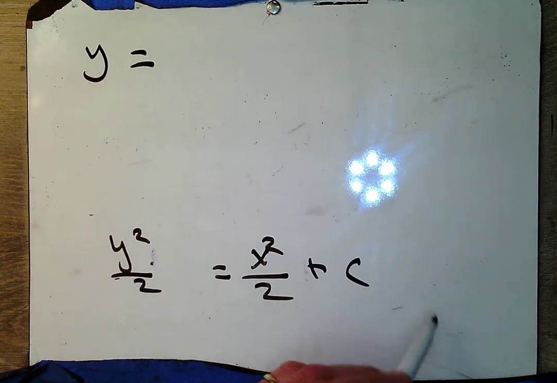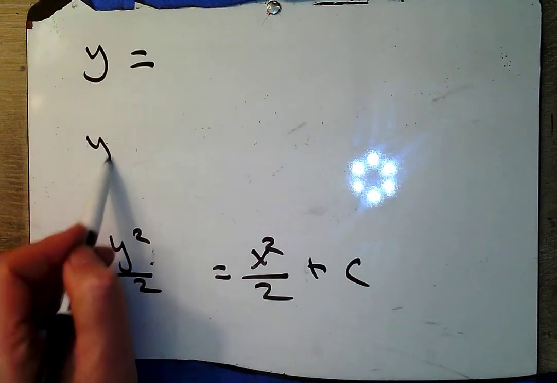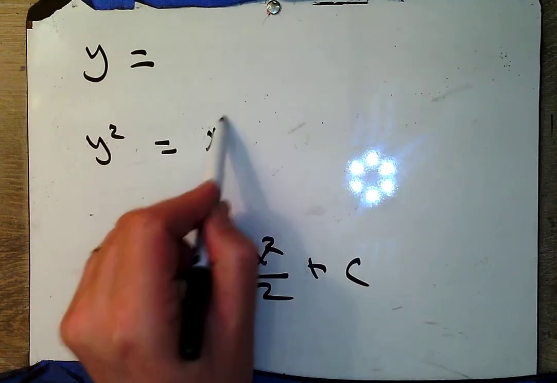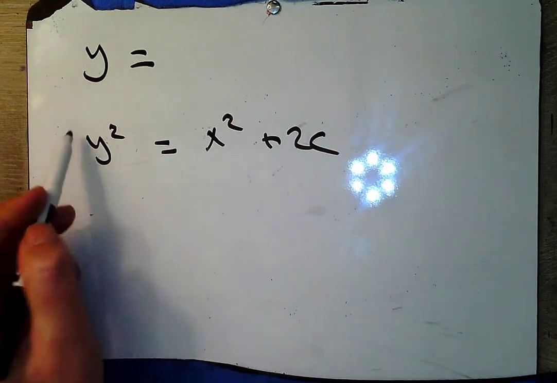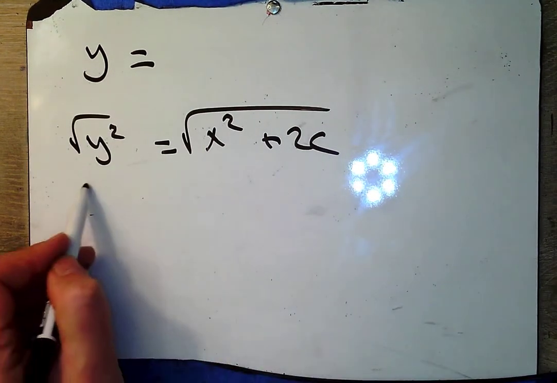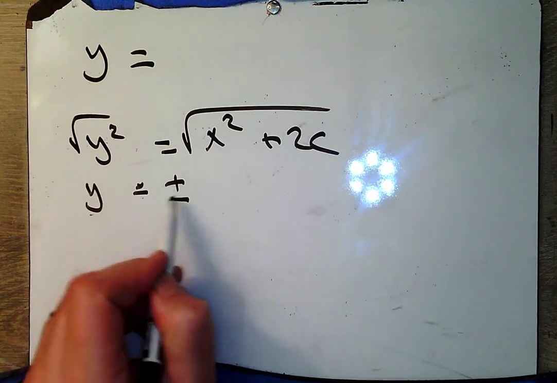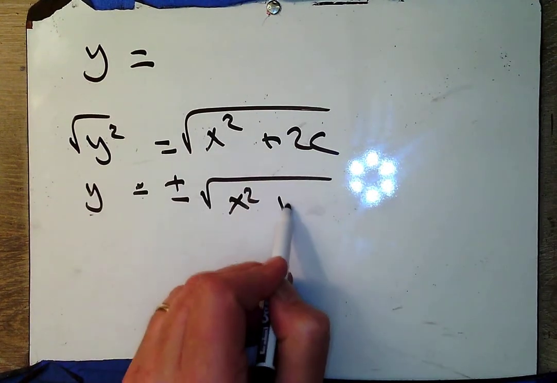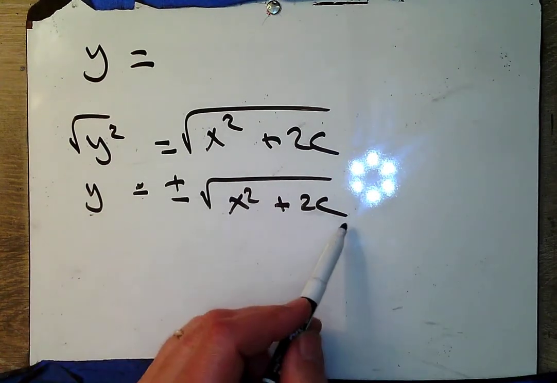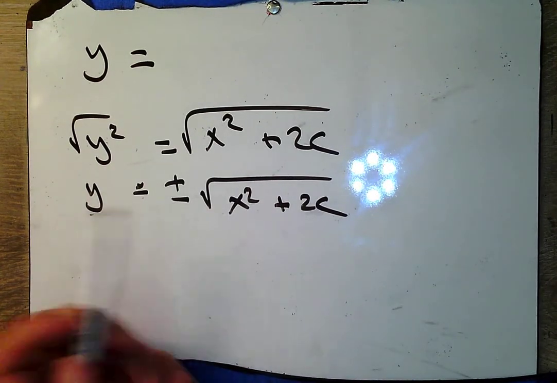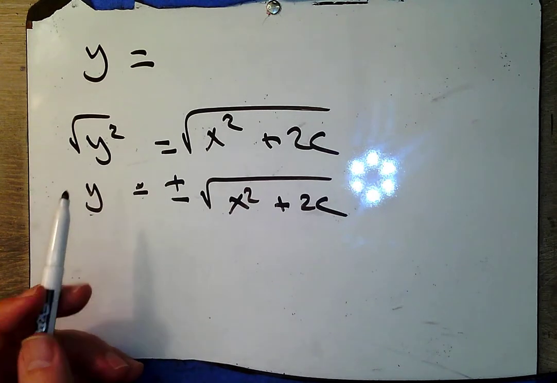A lot of students multiply everywhere by 2. So we have y squared equals x squared plus 2c. And to solve for y, we take the square root. Plus or minus the square root of x squared plus 2c. And that could work. That's a nice solution. If I had an initial condition, I could plug that value in.